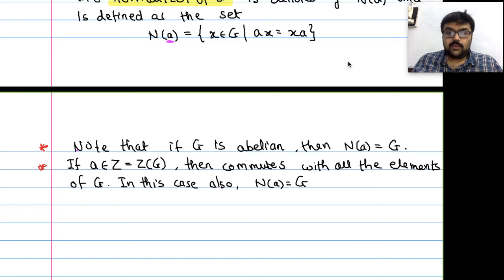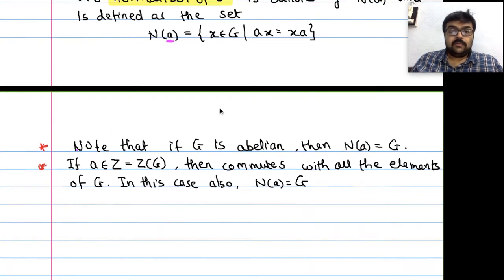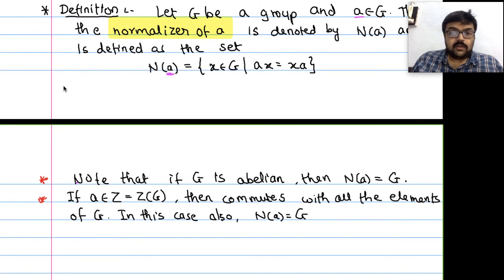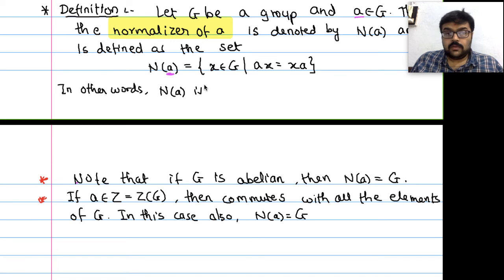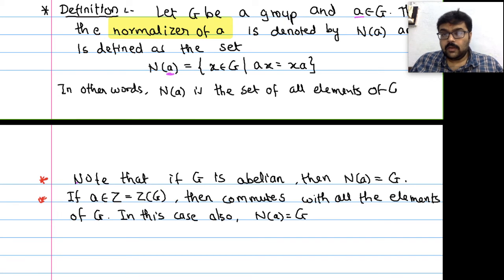So now, in other words, we can write, NA is the set of all elements of G that commute with A.